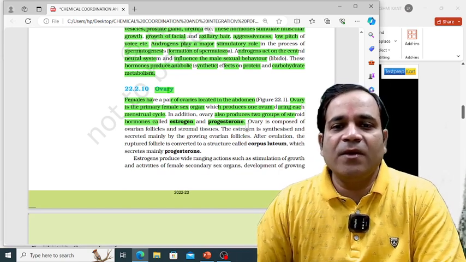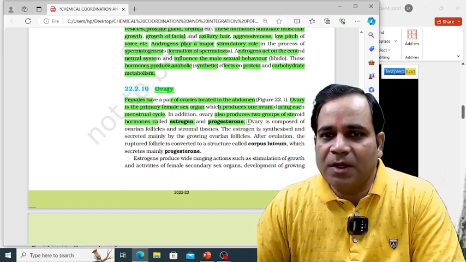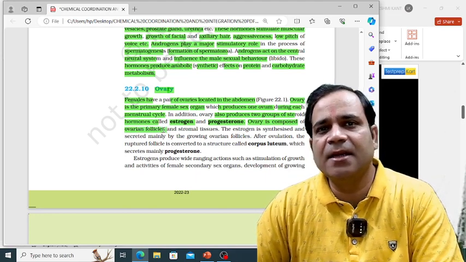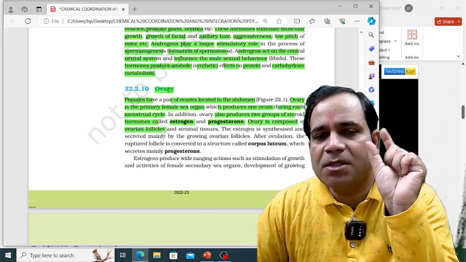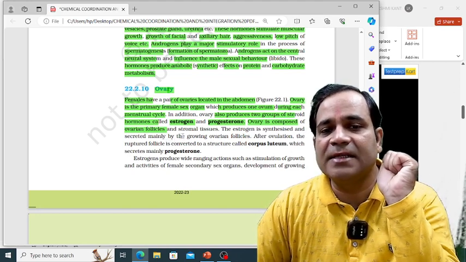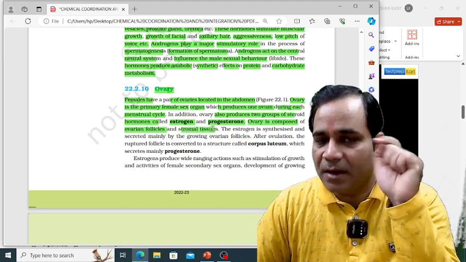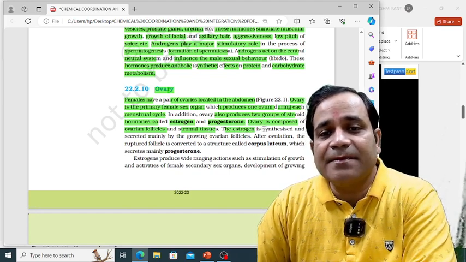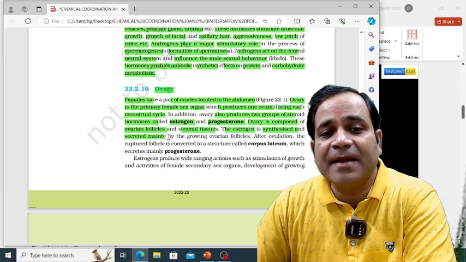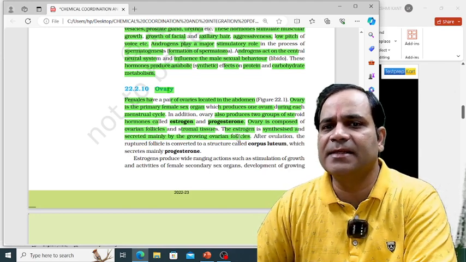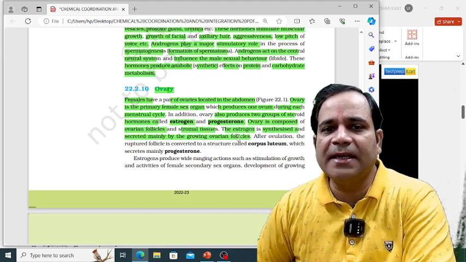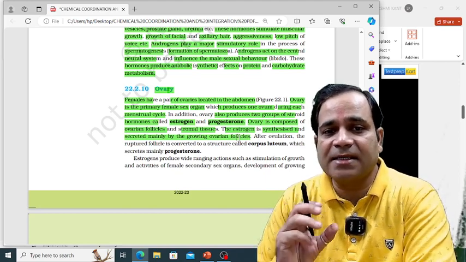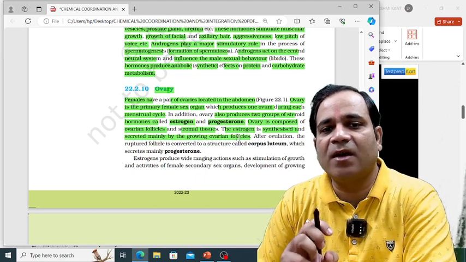Okay. Now see what I'm saying. The ovary is composed mainly of ovarian follicles and also stromal tissue. The estrogen is mainly synthesized and secreted by the growing ovarian follicles. At the age of puberty, during the ovarian cycles, the ovarian follicles become mature.